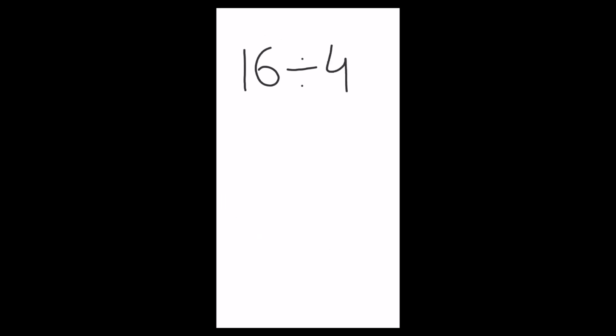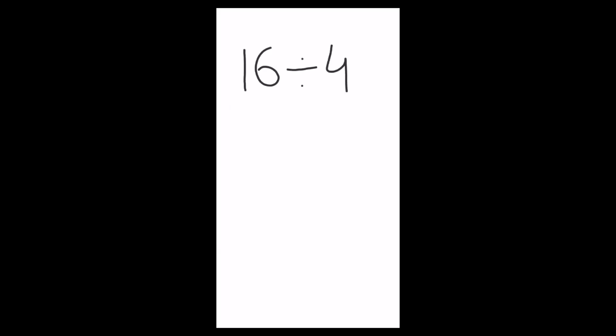You know the table very well, so I know you can easily give me the answer: if we divide 16 by 4, what answer will we have? The answer will be 4. But if I say you need to divide it by the division method, the box method, how are you going to divide it?